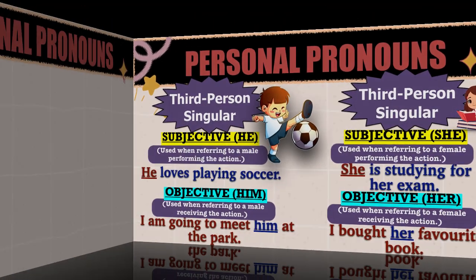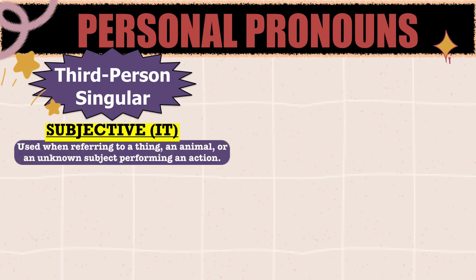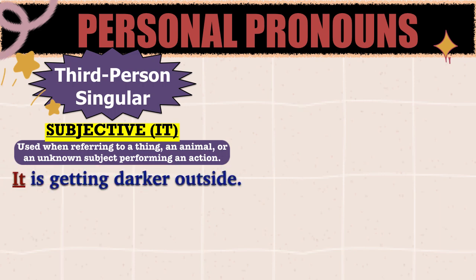Now, moving on to the usage of the third person singular pronoun it in sentences. Third person singular it. Subjective: it. Used when referring to a thing, an animal, or an unknown subject performing an action. Example: it is getting darker outside.